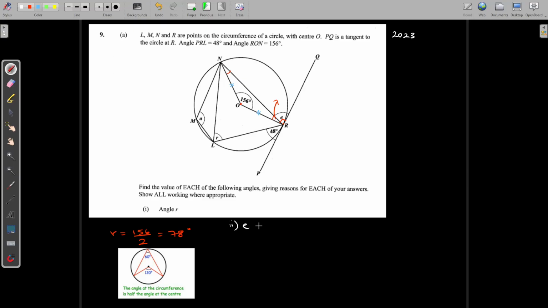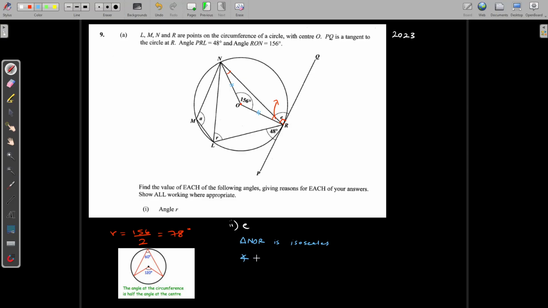So the calculations for this one will be: triangle NOR is isosceles.